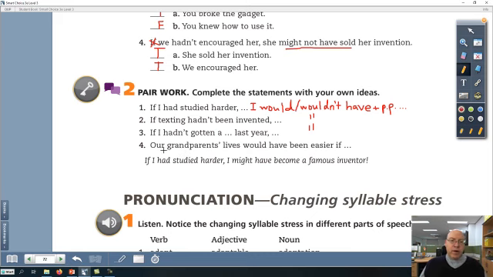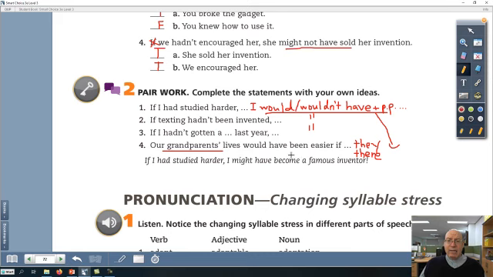The last one is talking about your grandparents. In this situation, we can't use I blah blah blah. You could, but since we're considering grandparents, you might say our grandparents' lives would have been easier if they, and then we'll plug this in, they would or wouldn't have plus PP. Or you can also consider another situation where it's not necessarily them.